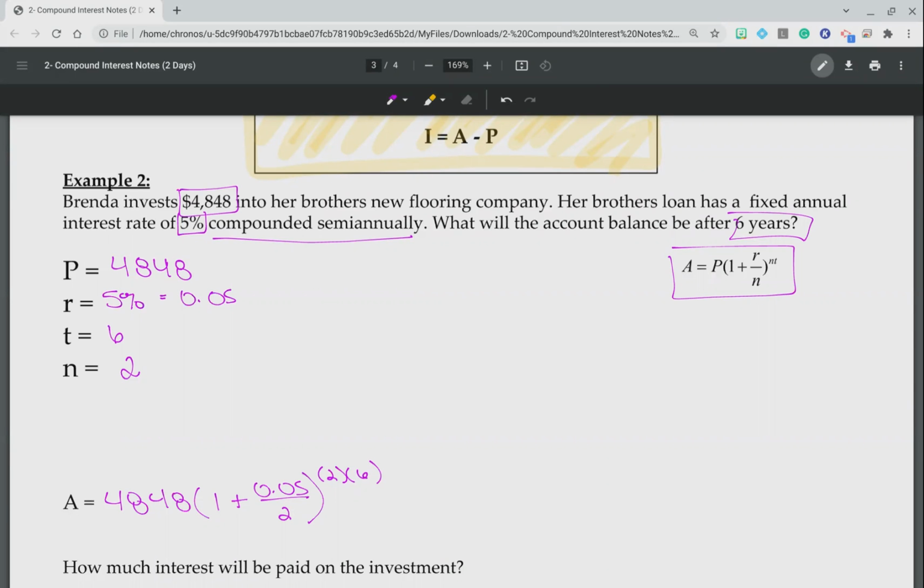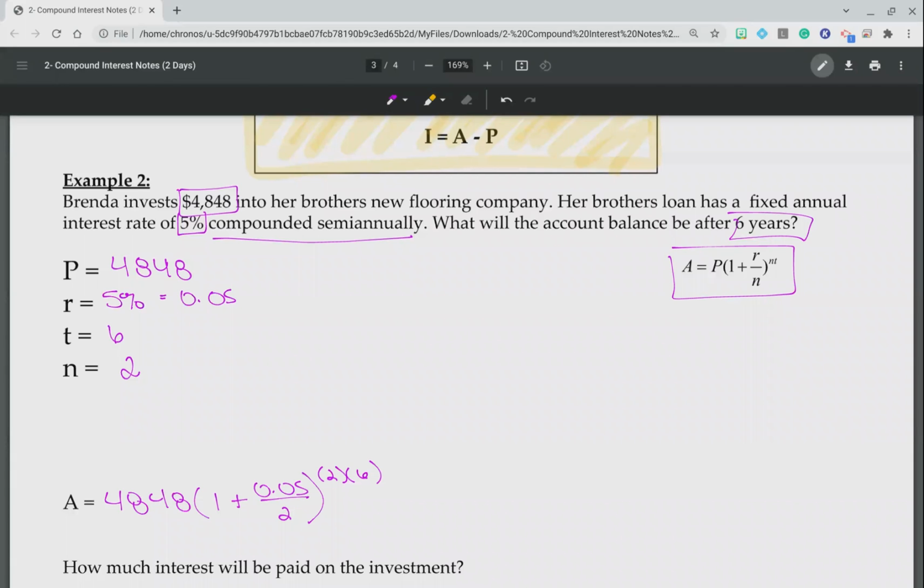All right, now again, if you have a graphing calculator, you can type it in your calculator just like this. 48 times 1 plus, and then you can hit alpha, y equals enter, 0.05 divided by 2. And then remember your exponent button looks like this. It's right over the division sign on the right side of your calculator.